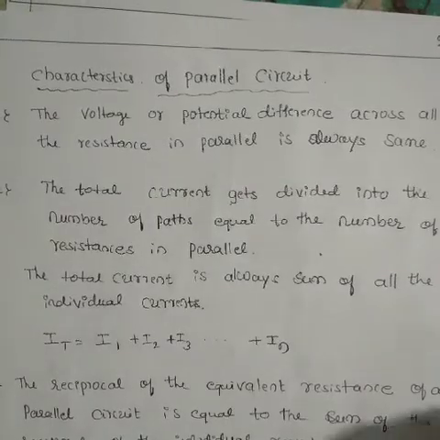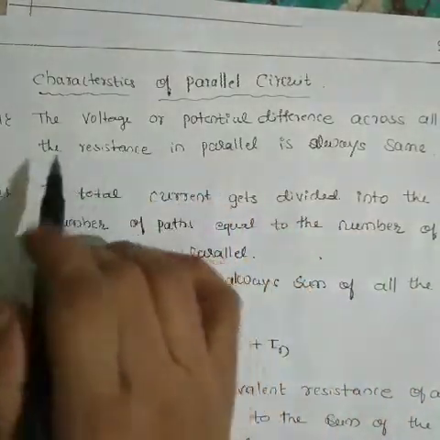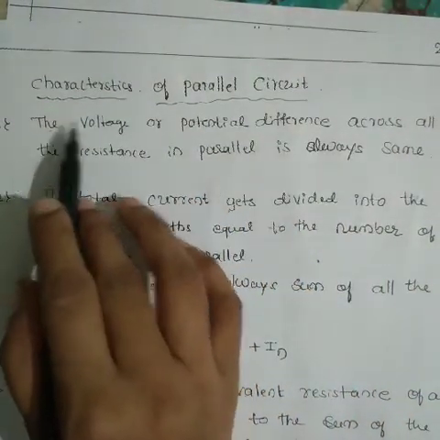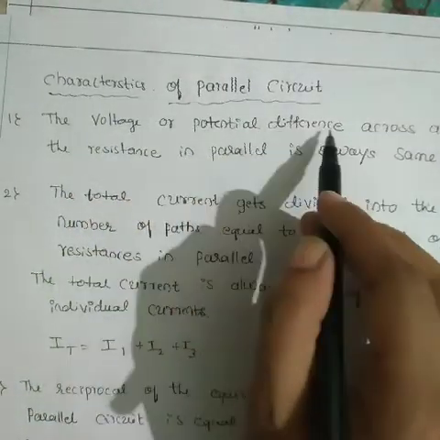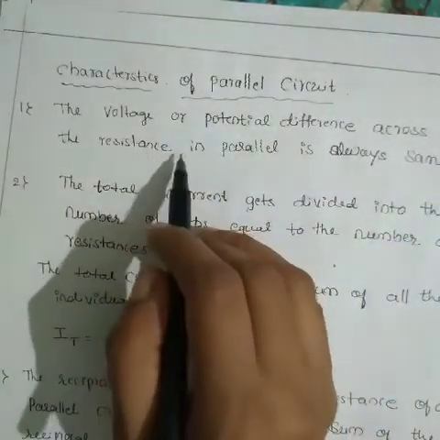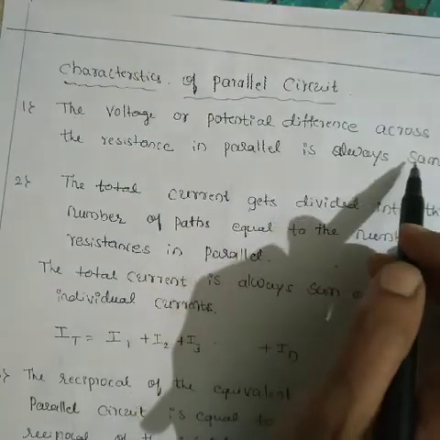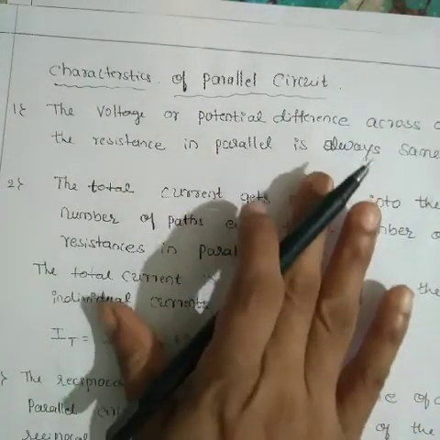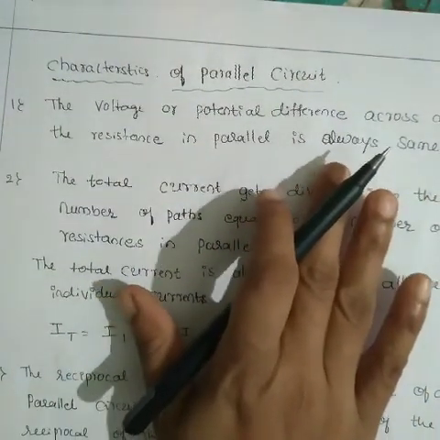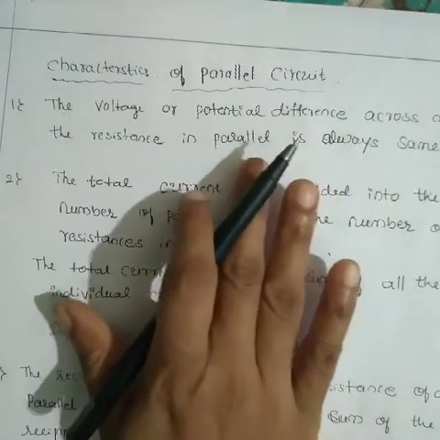Next concept, characteristics of parallel electric circuits. In parallel electric circuits, the voltage or potential drop across all resistances in parallel is always the same. It means the potential drop across each resistance is the same as the total voltage.